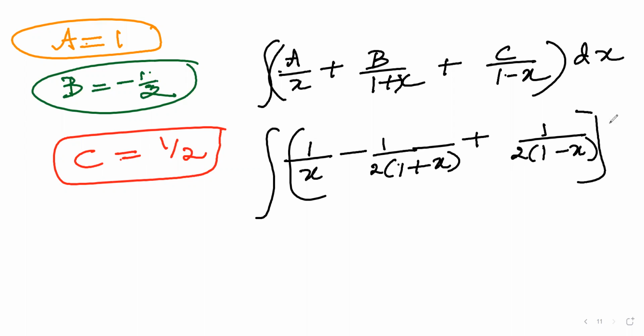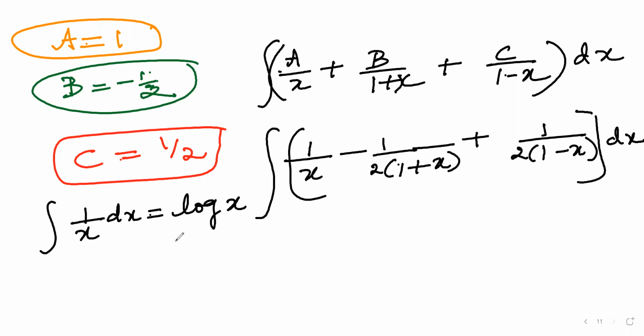So now we have a very important result, a formula. The integral of 1 over x dx is log x, base e is implied, or you can even say ln x. So this tells me that it's to the base e. Now I can use that.